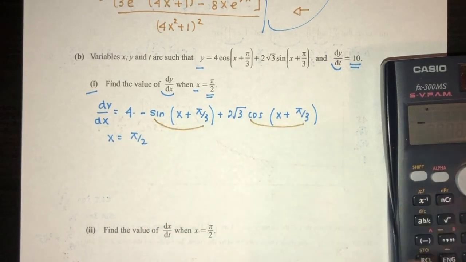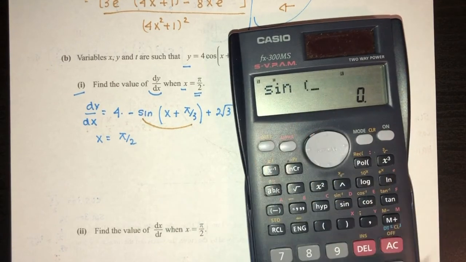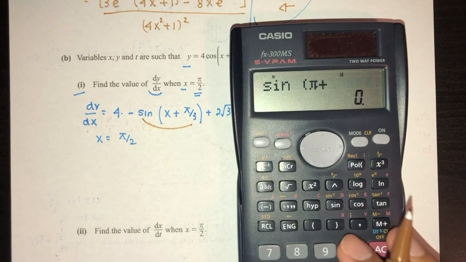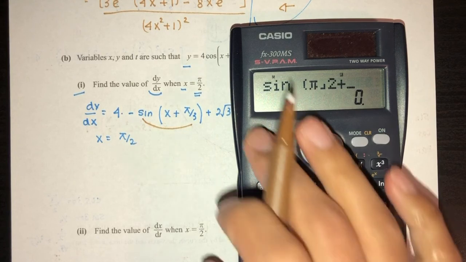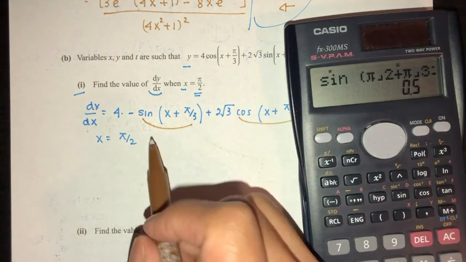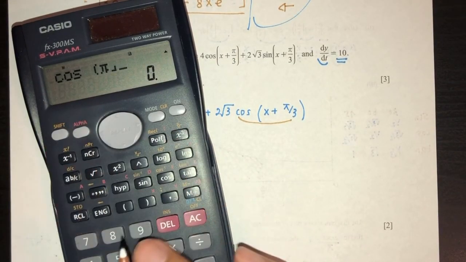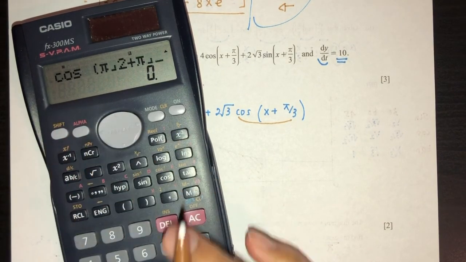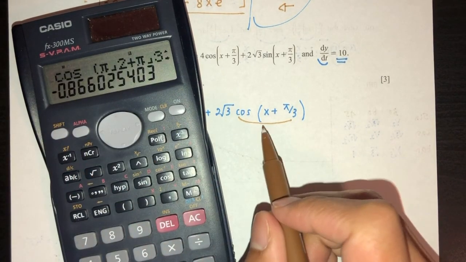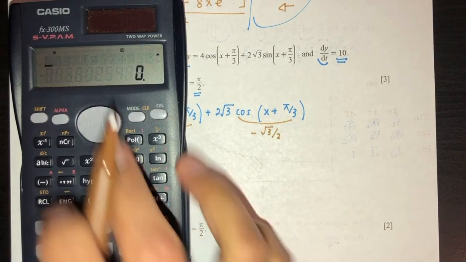On the first one we have sine of pi over 2 plus pi over 3. That will be 0.5. And here we have cos of pi by 2 plus pi by 3. That should be minus root 3 over 2.